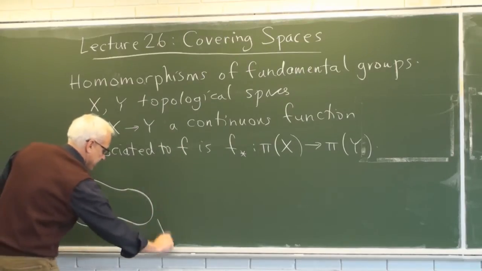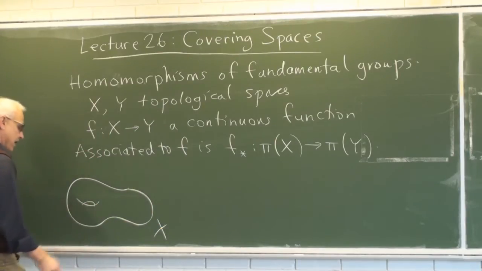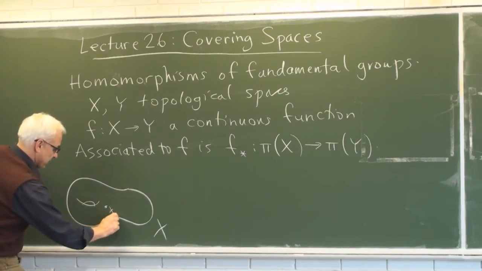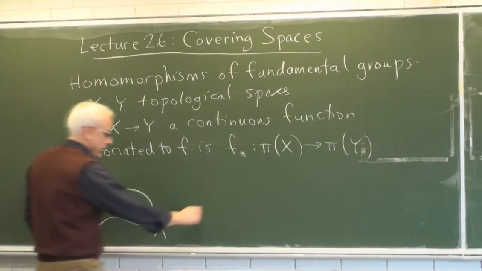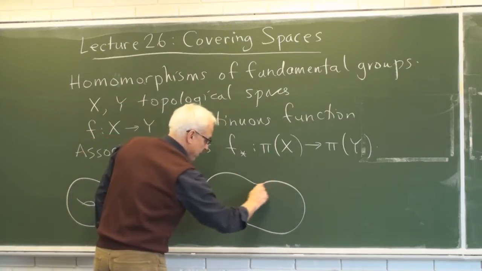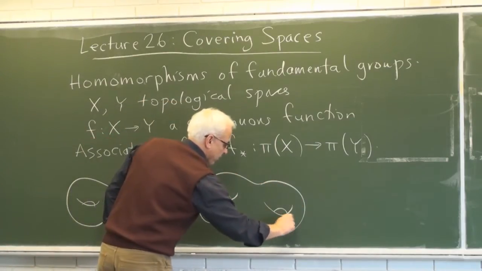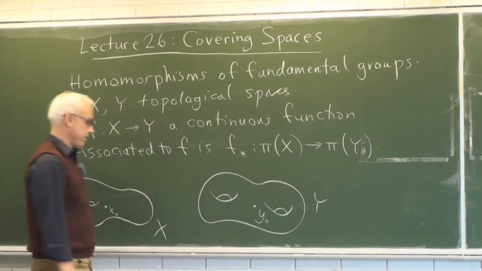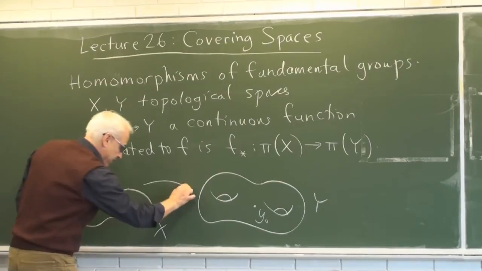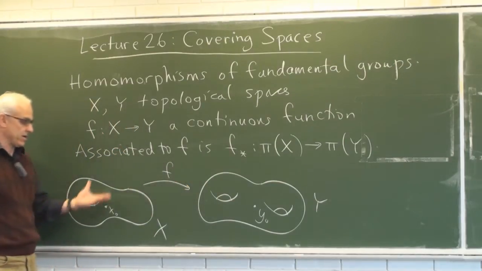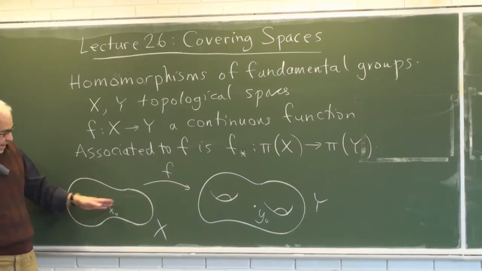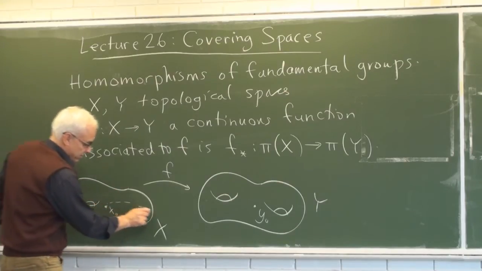Here's our space X. And usually when we talk about the fundamental group, we talk about a fixed point. So let's suppose that we have a fixed point x0 here. And over here is another space Y, perhaps like this, and some fixed point y0 in Y. And let's suppose that we have a function f, or a map from X to Y, which is continuous, and that also has the property that it sends x0 to y0.